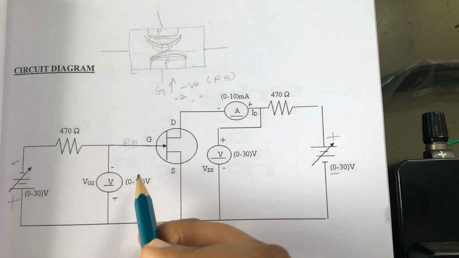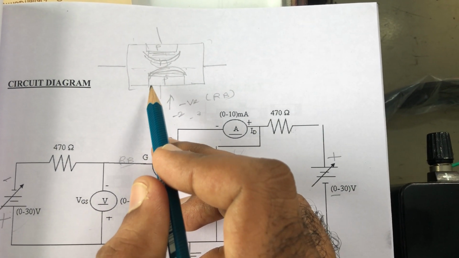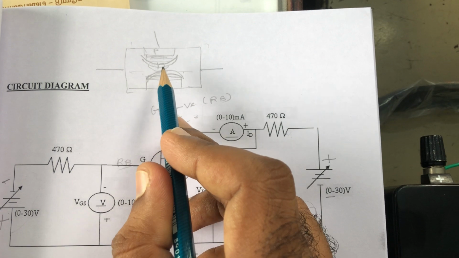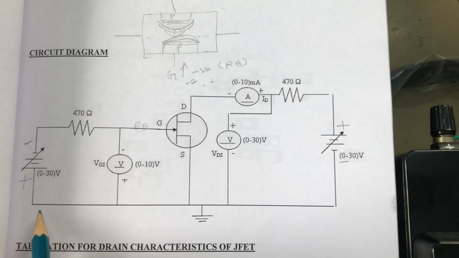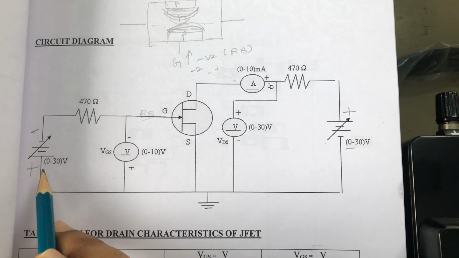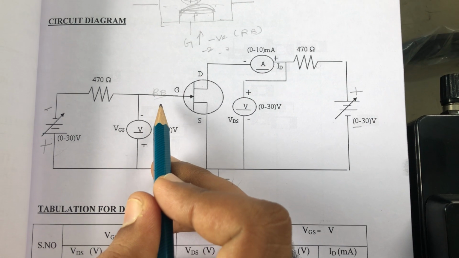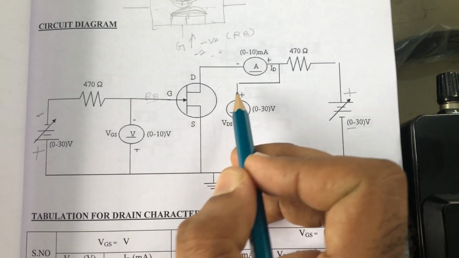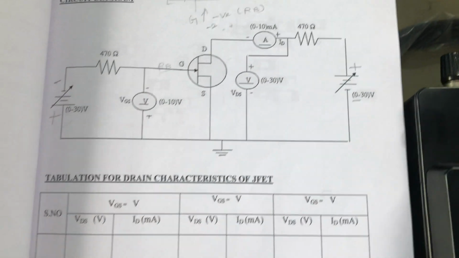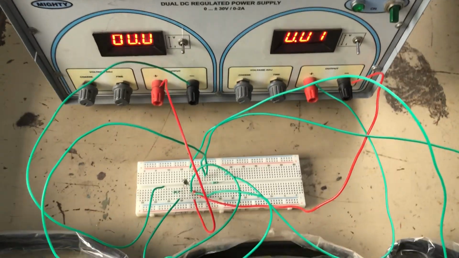So from this what we understood is that when you are increasing gate voltage, the depletion region increases, the flow of electrons reduces. So when you are applying reverse voltage through this RPS to the gate, what will happen? The drain to source electrons will get reduced. That is the thing we are going to see in the circuit.